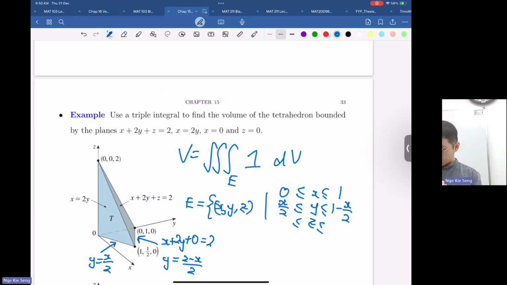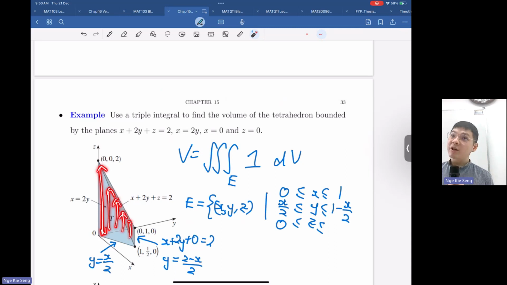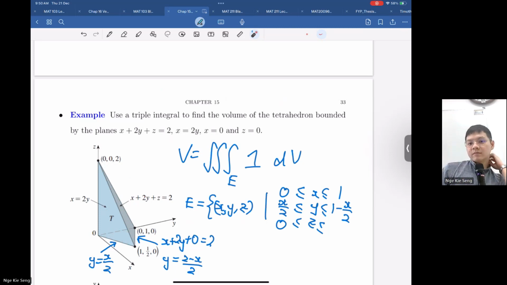How about the upper limit here? It's for the point at 0, 0, but away from 0, 0, the height changes. So it depends on x and y, on where you stand.